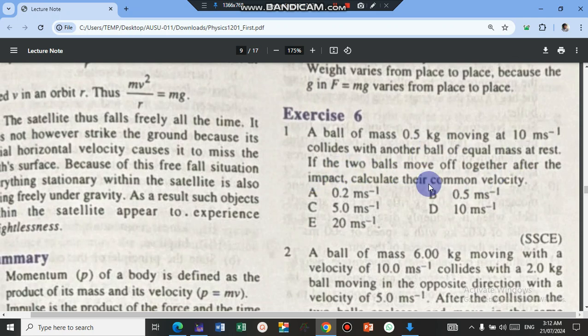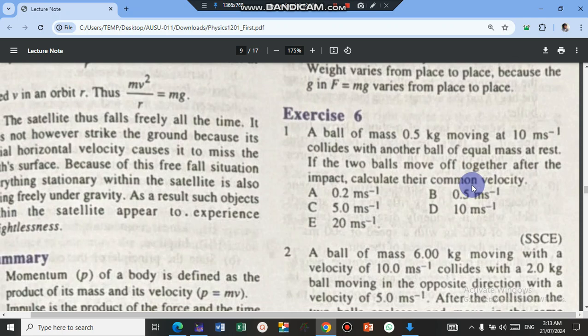Now, after they collide, they are together, so you need to add the two masses. 0.5 plus another 0.5 gives you 1. Now, their total mass is 1. You multiply by their common velocity to get their momentum. So 1 times v will be v. V is the momentum after collision.